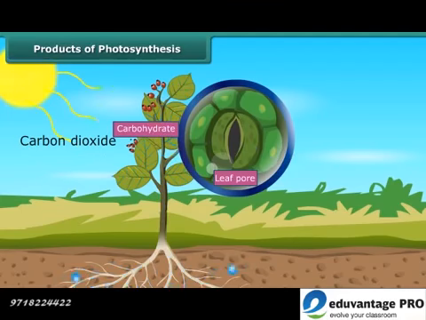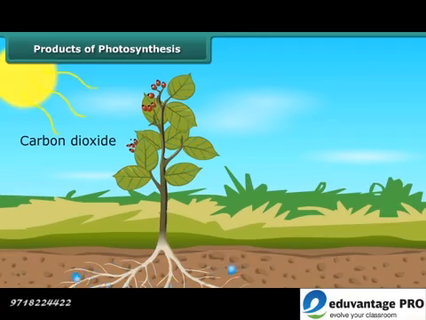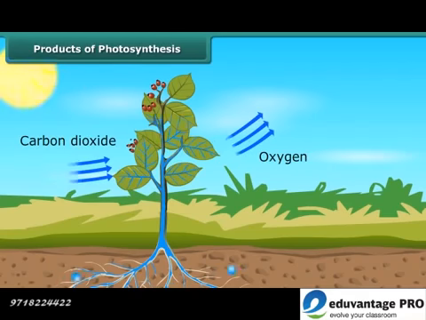The carbohydrate is ultimately converted into starch, which gets stored in different parts of the plant. Therefore, the first food product formed during photosynthesis is starch. Starch is also an example of carbohydrate. In this process, oxygen is also released.